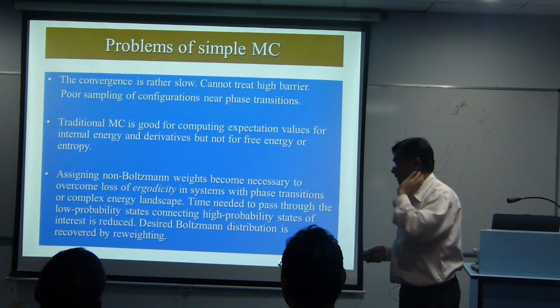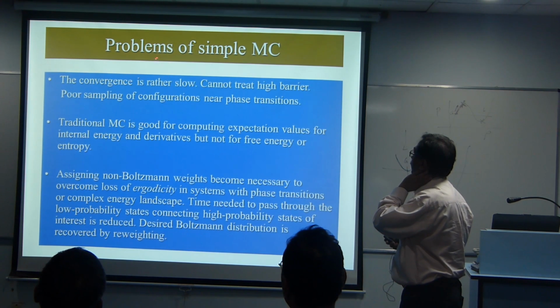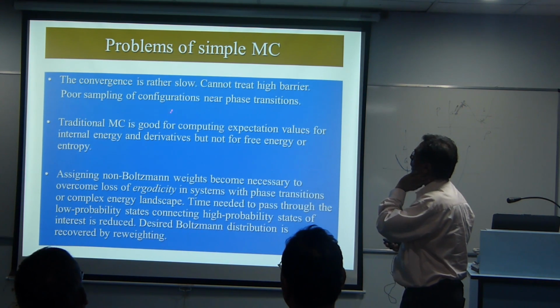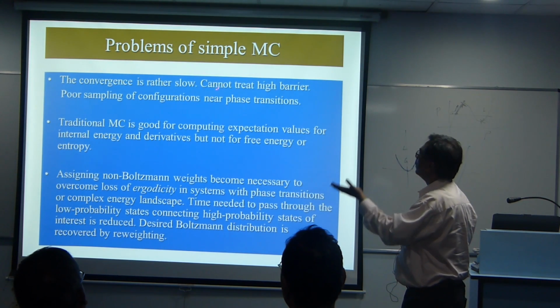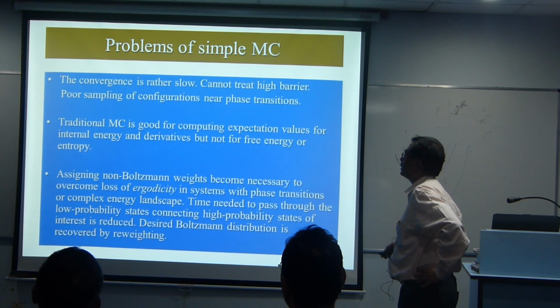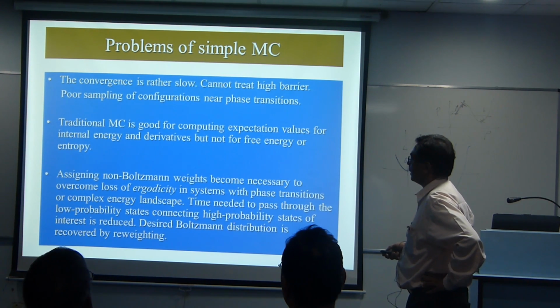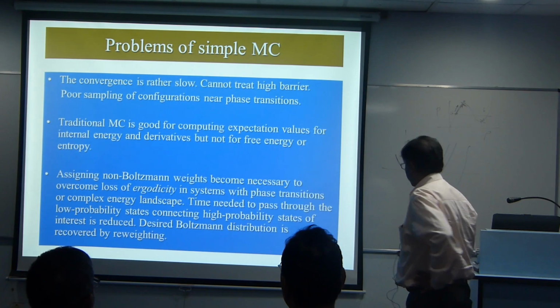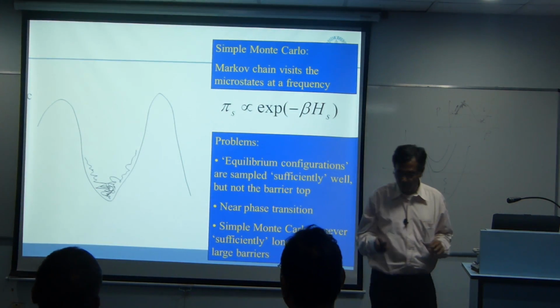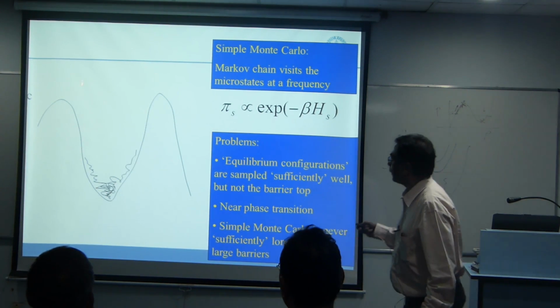So we went back to spheres, and we started trying to do a Monte Carlo simulation. However, when you try to do a Monte Carlo simulation, it's a very well-known problem: you cannot treat a high barrier. Poor sampling of configurations near phase transitions, everything. So the way you do it, I'm again going to go very qualitatively.